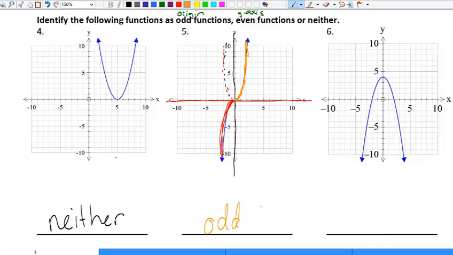It might be a little bit easier to see if you just take your paper and fold it, that the orange branch will match up with the red branch if you fold it over both the X and the Y. And then the last one we have, if you fold it over the Y-axis, the branch on the left and the branch on the right will match up. So therefore this one is even.